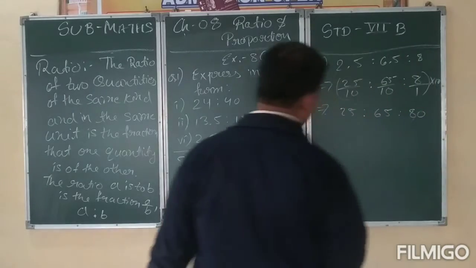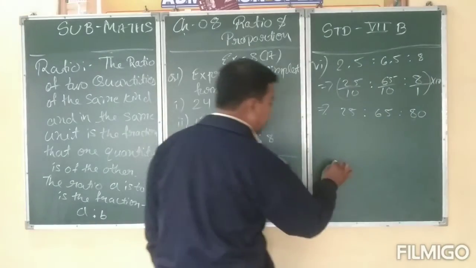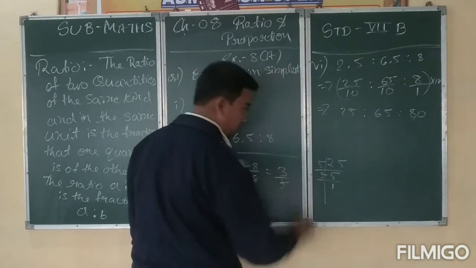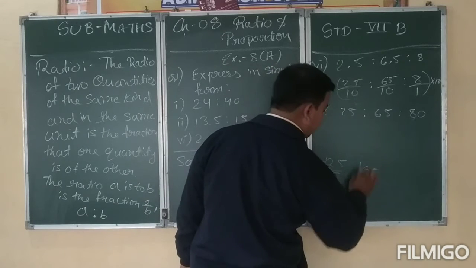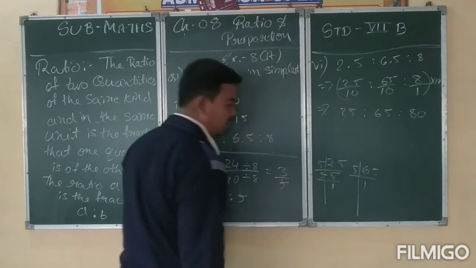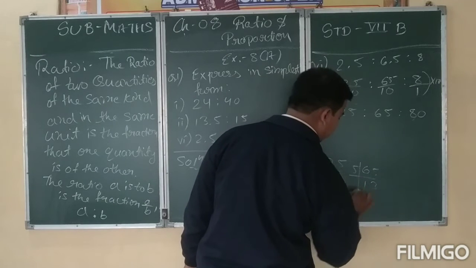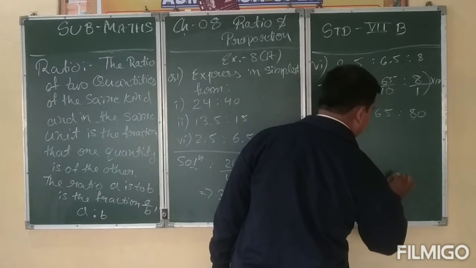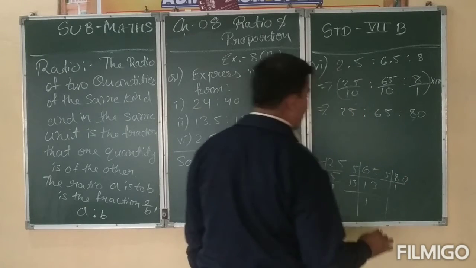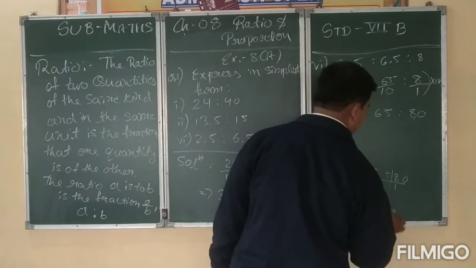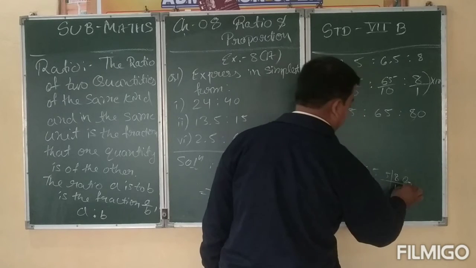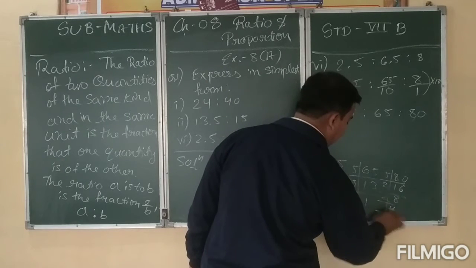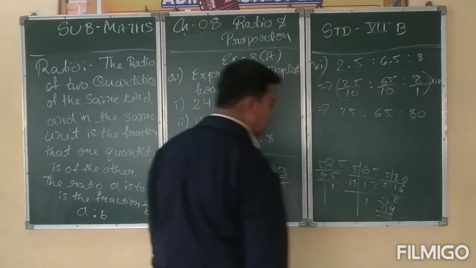Okay, so here we find the HCF of 25, 65 and 80. 25 is 5 fives are 25, 5 ones are 5. 65 is 5 thirteens. And 80 is 5 sixteens, 2 eights are 16, 2 fours are 8, 2 twos are 4.